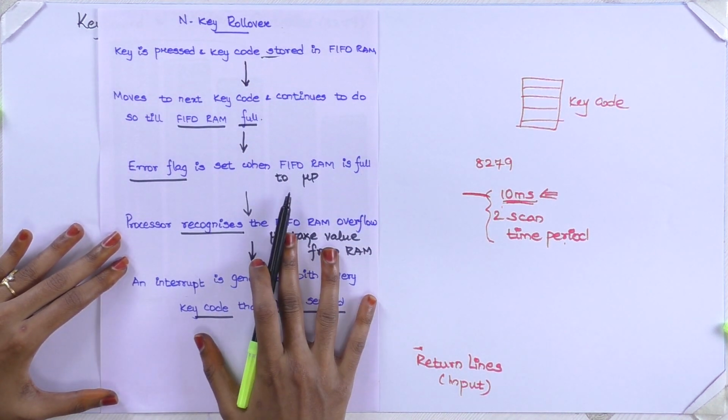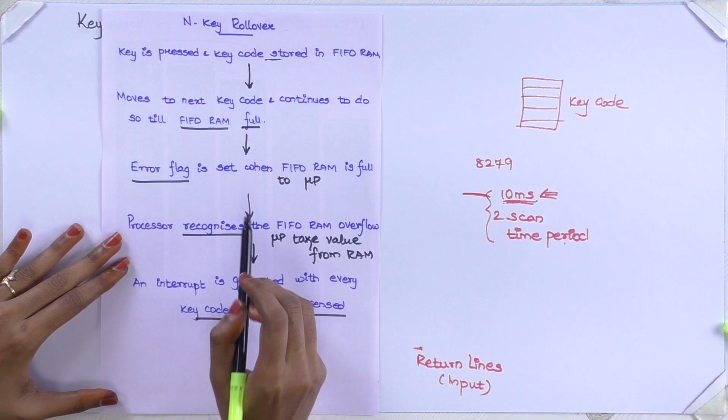This is not the case for 2 key lockout, where only one key is recognized. In N key rollover, all the keys pressed are recognized and stored in the FIFO RAM until the RAM is full. Once it is full, it is indicated to the processor, and the processor gets the data from the RAM. When we want to use more keys for typing, we go for N key rollover.